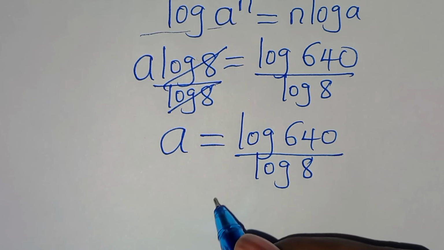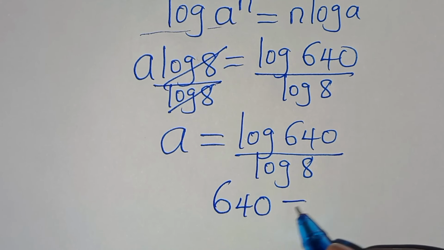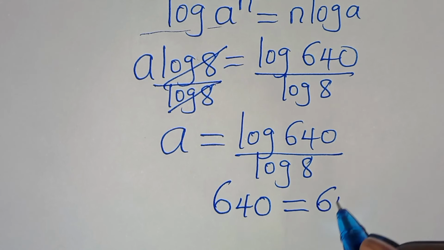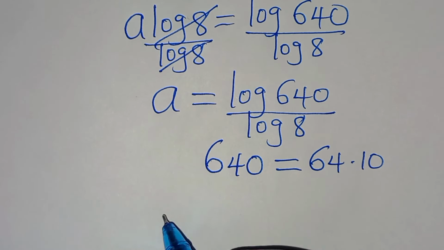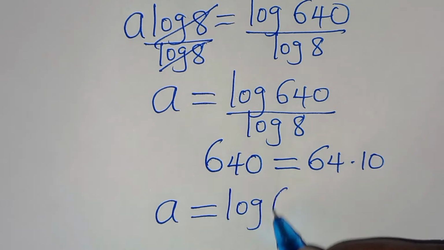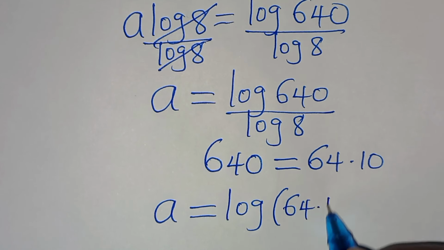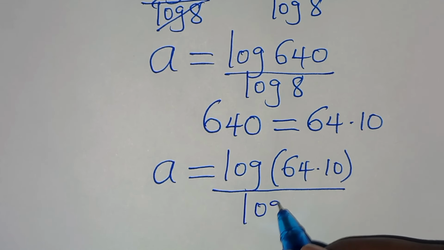The next step is that we can express 640. This is the same thing as 64 multiplied by 10. So this means that we have a is equal to log of 64 multiplied by 10, everything here, divided by log 8.